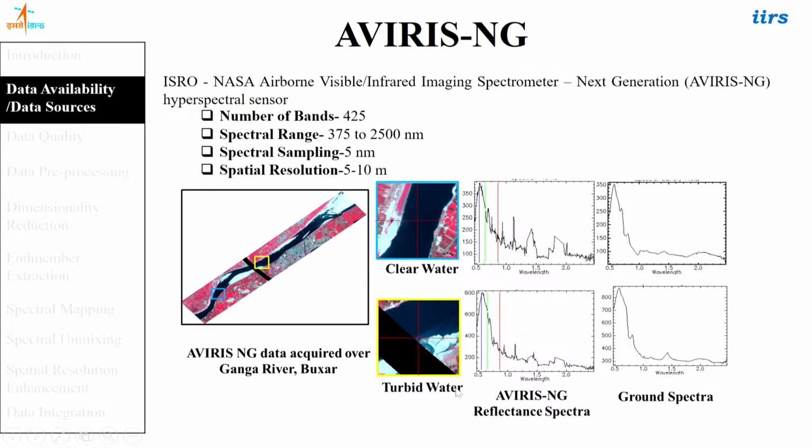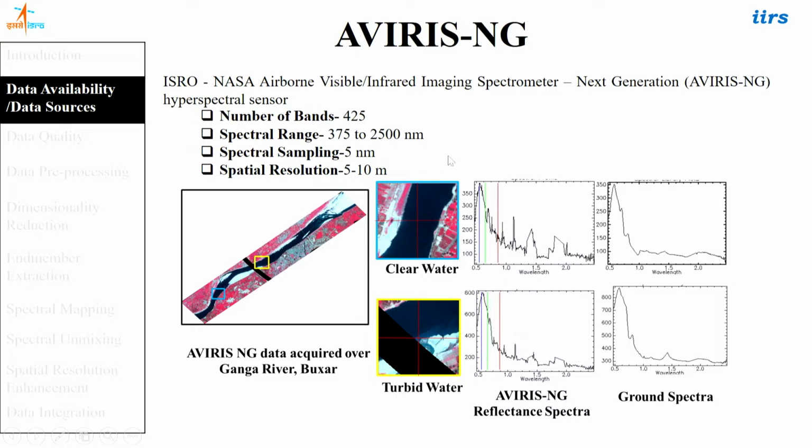This is one of the images taken from the NASA airborne AVIRIS Next Generation sensor. In this case, it has 425 bands with 5 nanometer spectral resolution. The spatial resolution was around 5 meters, and the spectral range is 375 to 2500 nanometer. Now you see here, this is an image from the Buxar area, on the Ganga river.